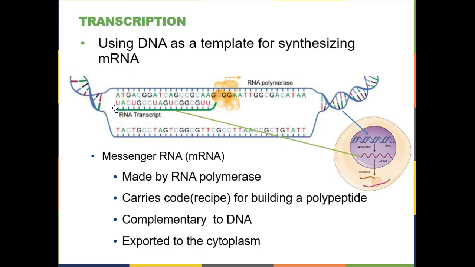So remember, U gets substituted for T in RNA. So if there's an A here, there's a U there: T, A, G, C, A, U, C, G, the whole way down. Right? So the same rules apply.